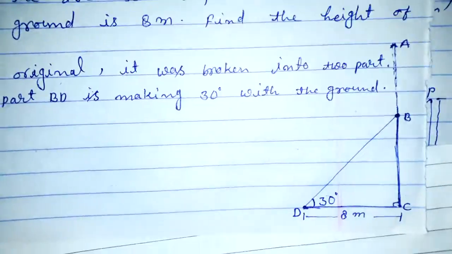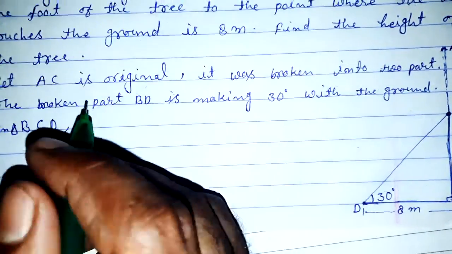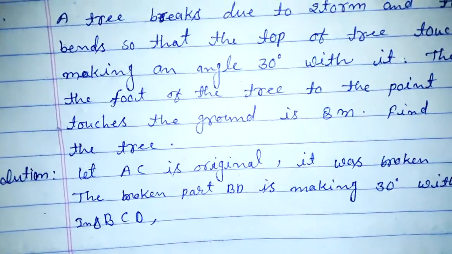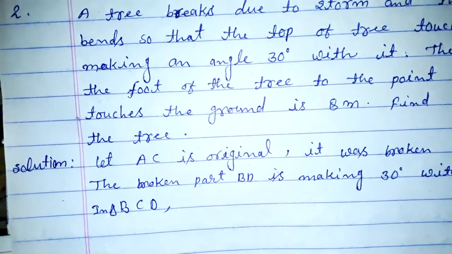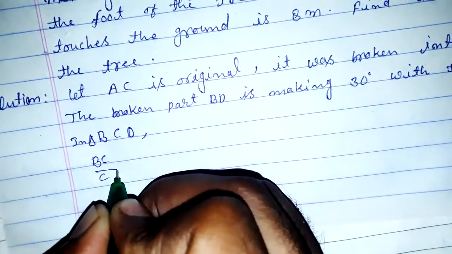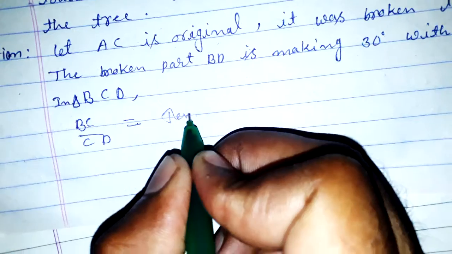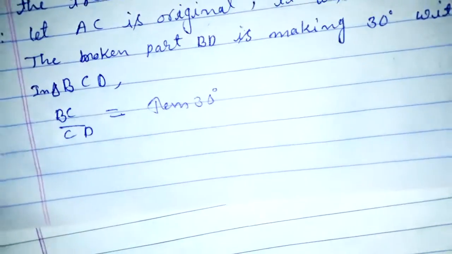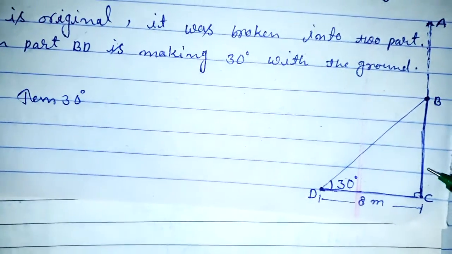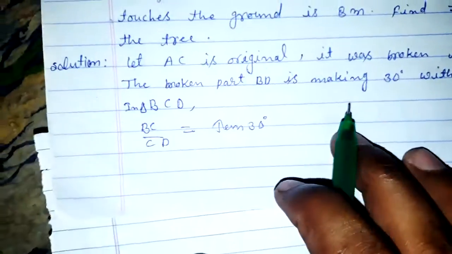first take the ratio of this side and this side. So here take the ratio of side BC upon CD. BC upon CD, this ratio is called tan 30 degree, because this side is opposite to angle 30 and this side is the adjacent side of 30 degree.